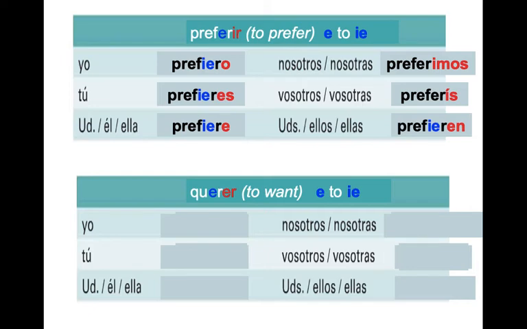¿Cómo se dice I want or I love? Yo quiero. Tú quieres. Él, ella, usted quiere. Nosotros queremos.